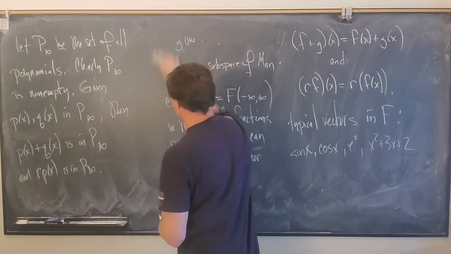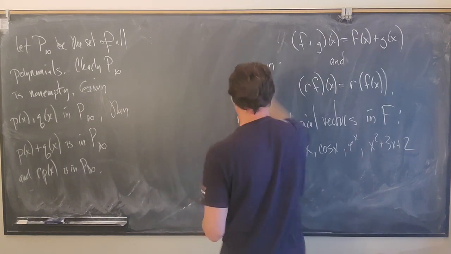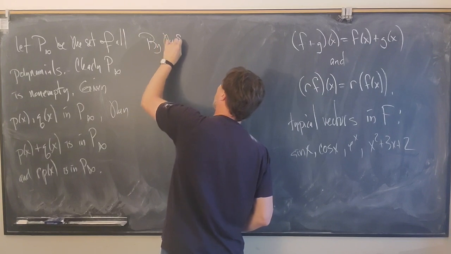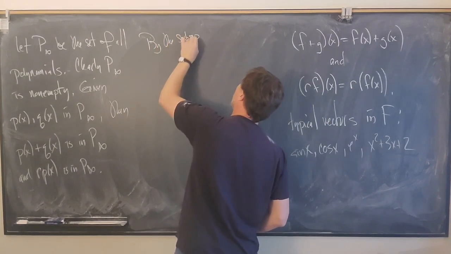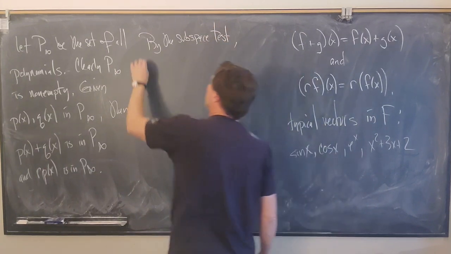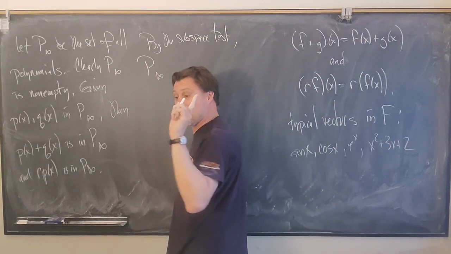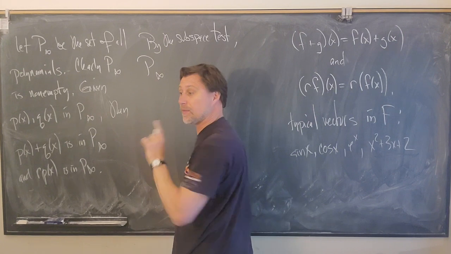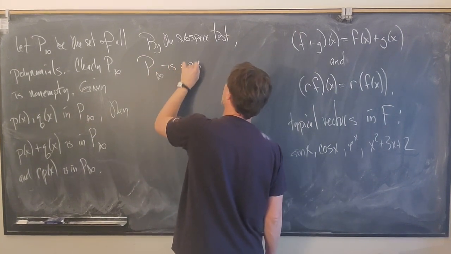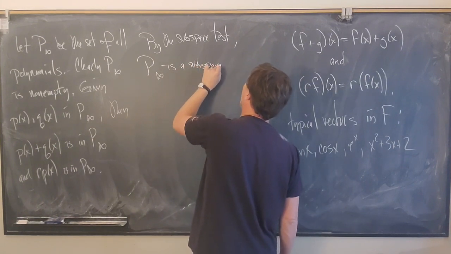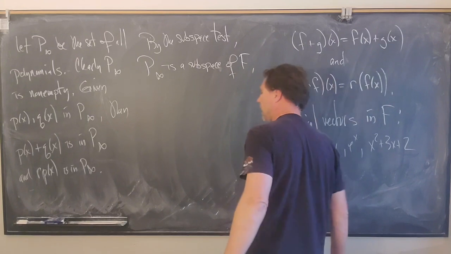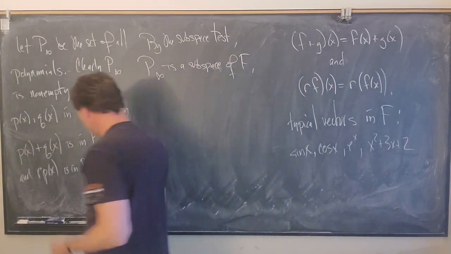By the subspace test, P sub infinity is a vector space. Why is that? Because it's a subspace of a known vector space. So P infinity is a subspace of capital F. You can do the same thing here.